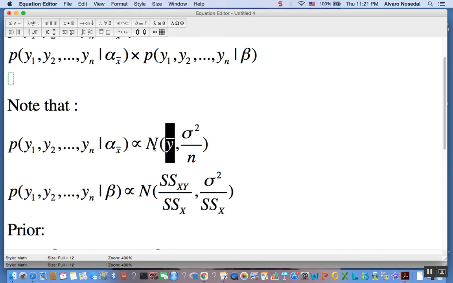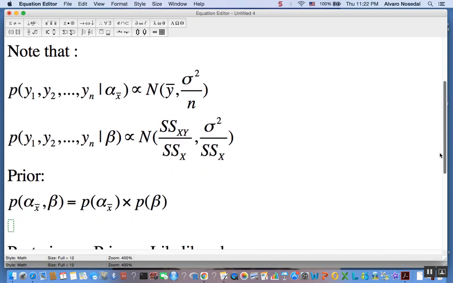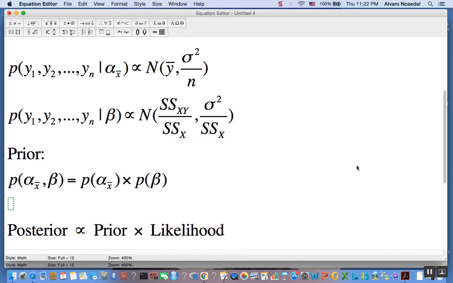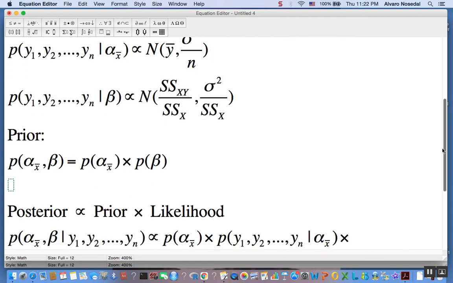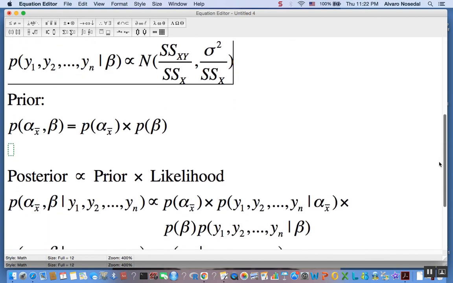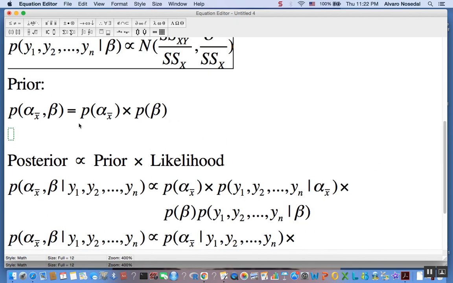normal PDFs, probability densities. And then we know how to deal with normal likelihoods. We could use normal priors or flat priors. And then we know that to update the parameters of our priors, we need to use our updating rules.